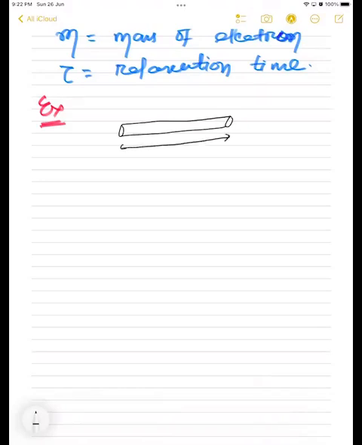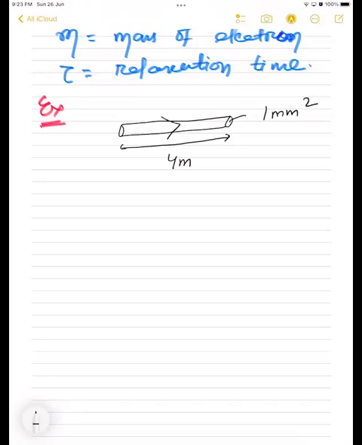What is the length of the wire, students? 4 meter, right? Let's also take the cross sectional area is 1 mm square. This area is 1 mm square, area of the conductor, right?